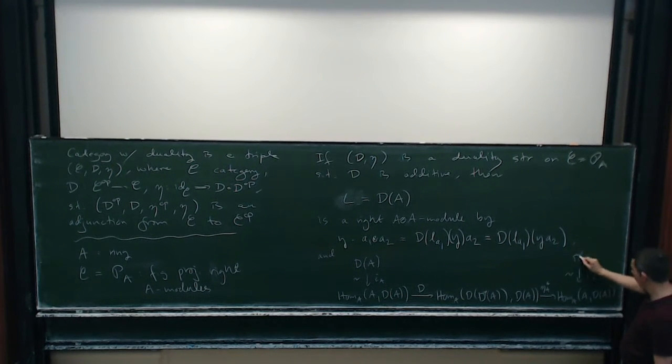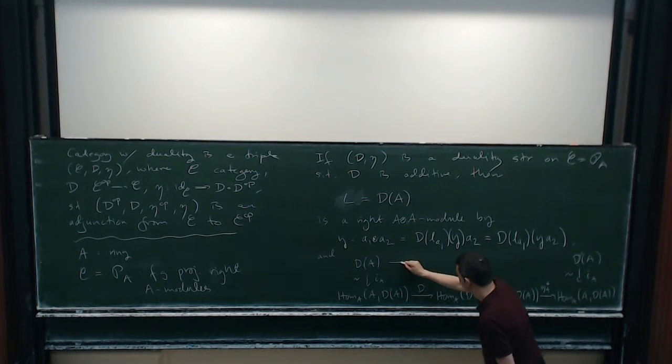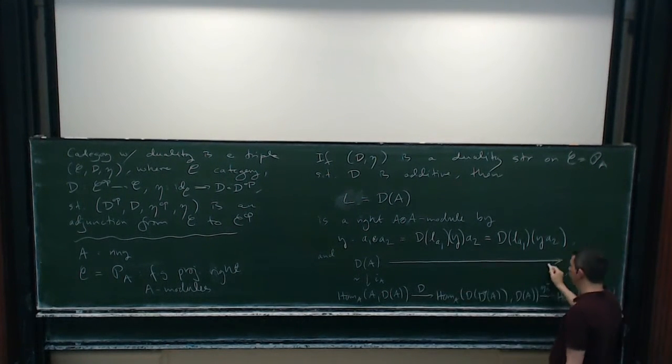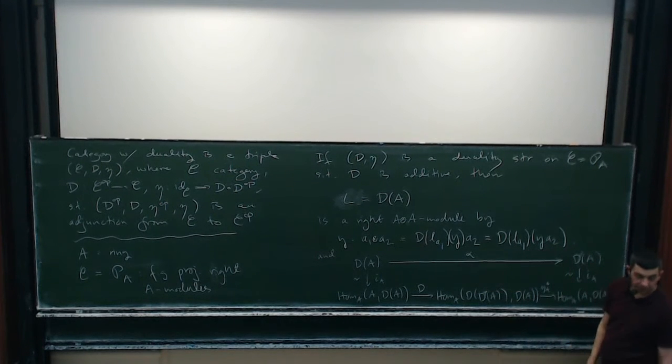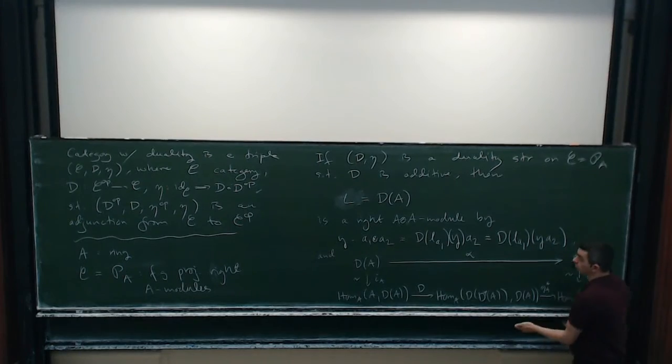So all in all, this produces a map here, and this interchanges the two right A module structures.